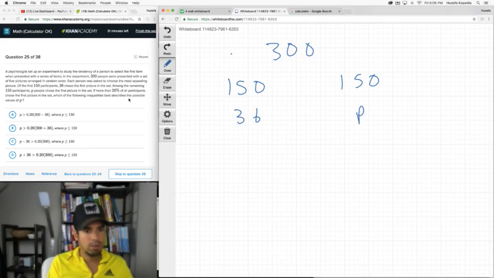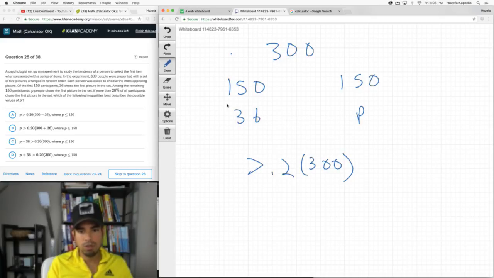If more than 20% of all participants, 20% of all participants is 60, chose the first picture in the set, so more than this, which of the following describes the possible values of P? So 20% shows this, and what is the number?